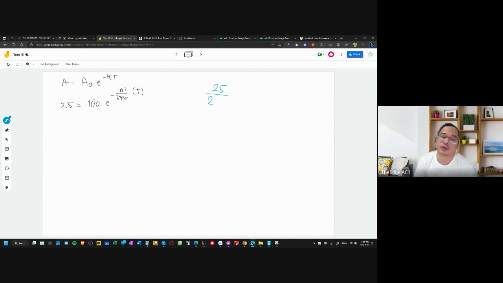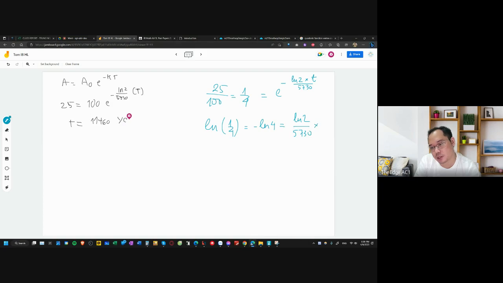25 over 100 equals 1/4 equals e to the power of ln 2 times the time, small t, not big T, over the years. Then ln of 1/4, which is equal to minus ln 4, equals minus ln 2 over 5,730 multiplied with the time.